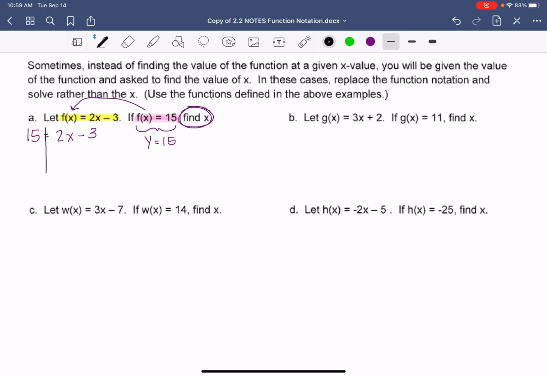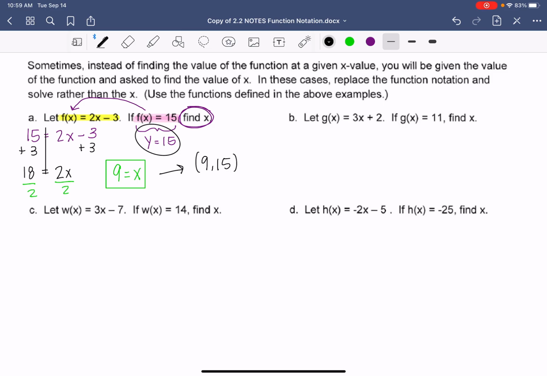So we've got to undo the addition or subtraction. So we're going to add 3 because it's subtracting 3. I'm left with 18 equals 2x. And then I must divide by 2. So 9 equals x. So therefore, our ordered pair is 9, 15. Because this is what y equaled.